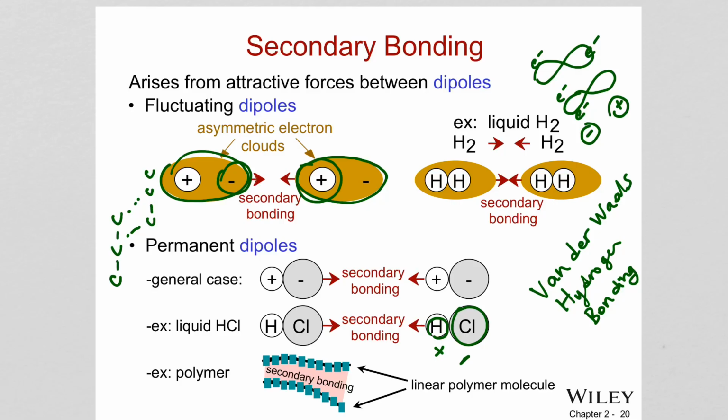So again, the positively charged side of this hydrogen chloride molecule will attract the negative side of another molecule. Again, the same electrostatic attraction in between them, causing this weak bond. But hydrogen bonding is stronger than van der Waals bonding.